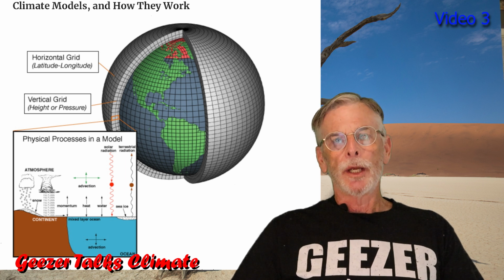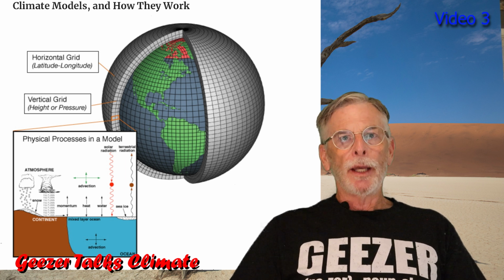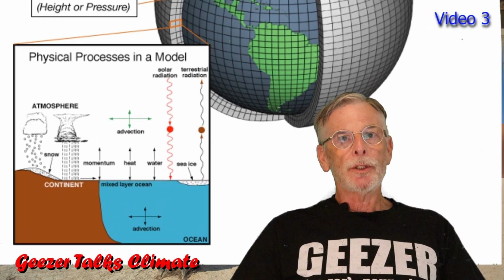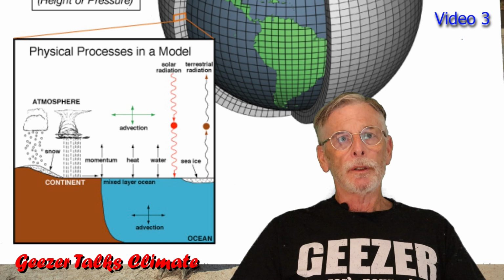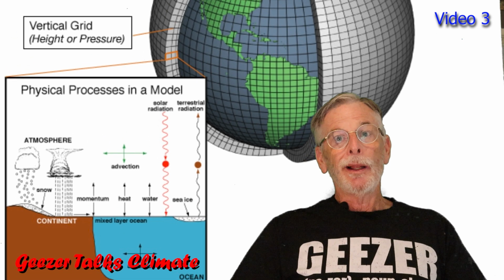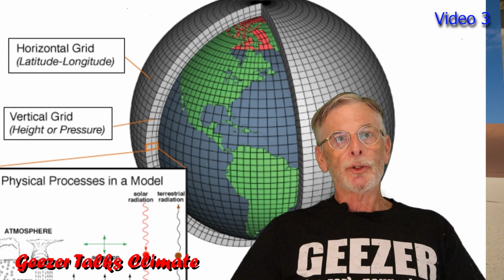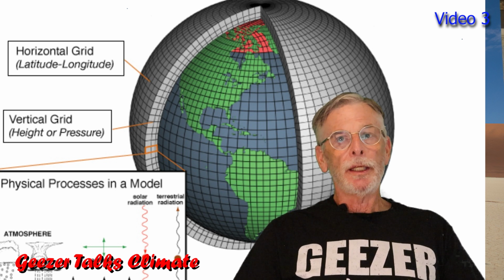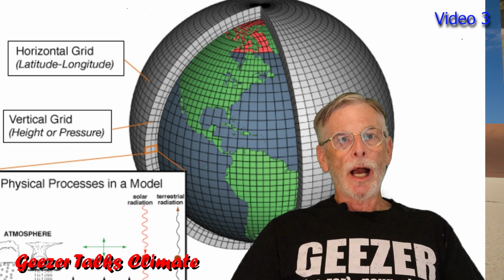I've done these models myself on my laptop, but obviously this is a very complicated one. They start with these physical models shown down here in the bottom left corner, and then they divide the globe into these 3D grids, which is also a very common method of solving these kinds of problems. Within each grid, they look at what the changes are as a function of time.